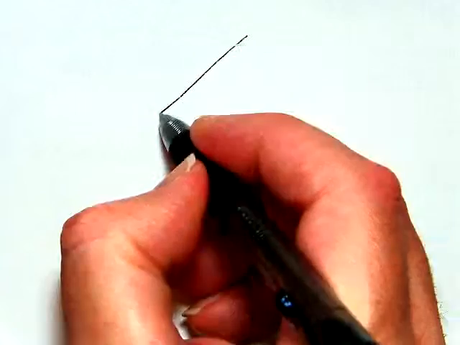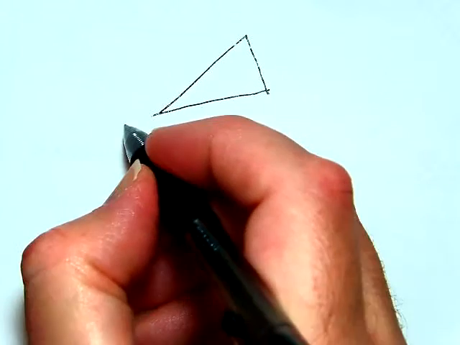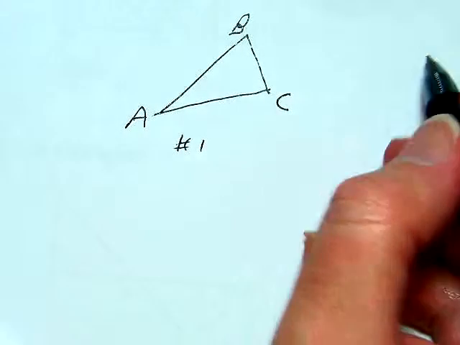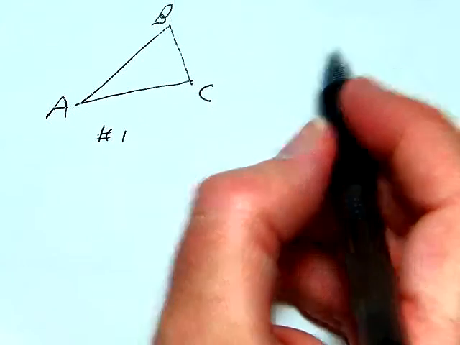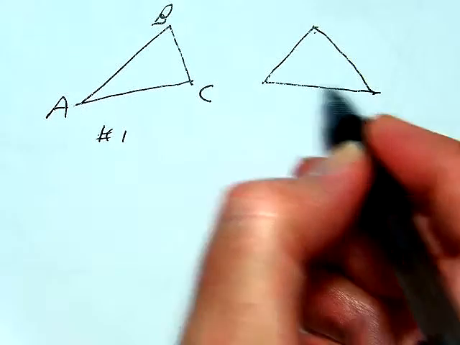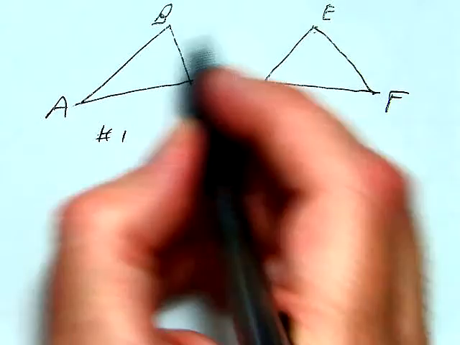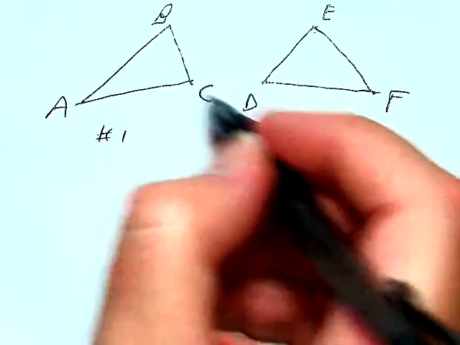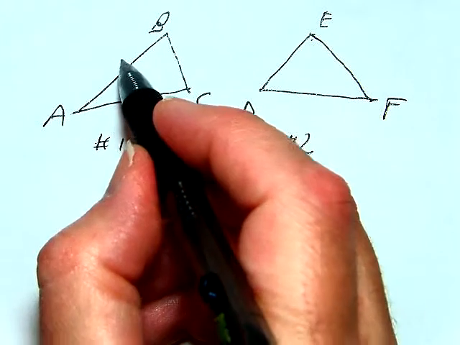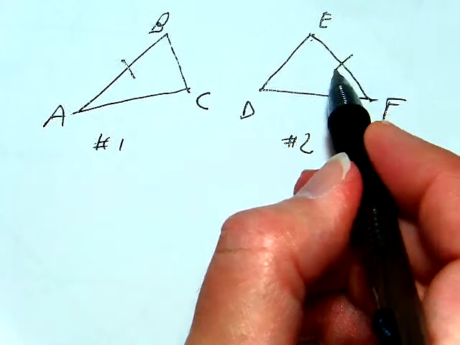Let's say we have two triangles. Triangle number 1, which has vertices A, B, and C, and triangle number 2, which has vertices D, E, and F. And let's say that what we know is that side AB is congruent to side EF.